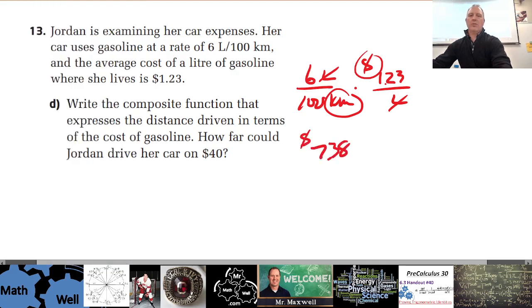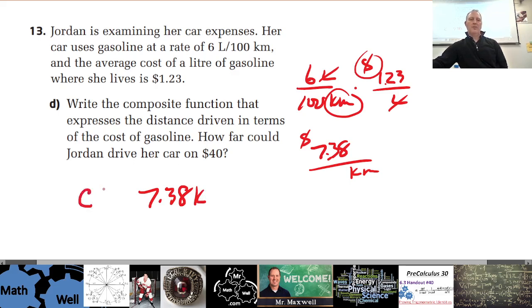That's going to be dollars per kilometer, right? So this is going to be the cost, $7.38 per kilometer. Does that look right?